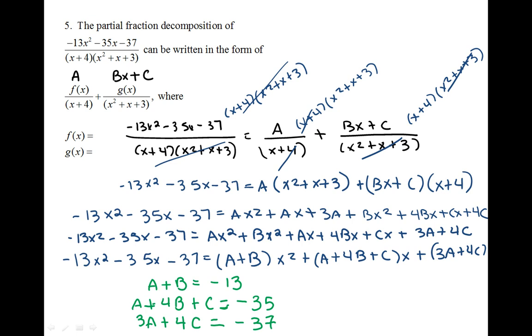Once again, we're trying to find f of x and g of x. All right, so we had a plus b equals negative 13. We had a plus 4b plus c equals negative 35.